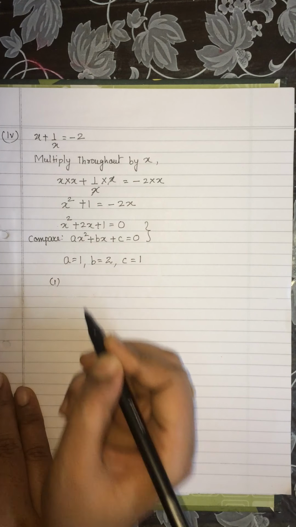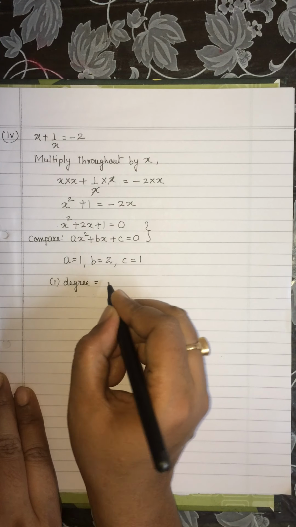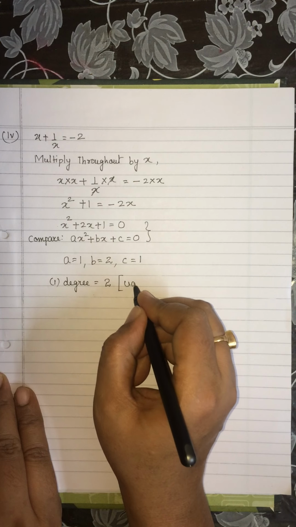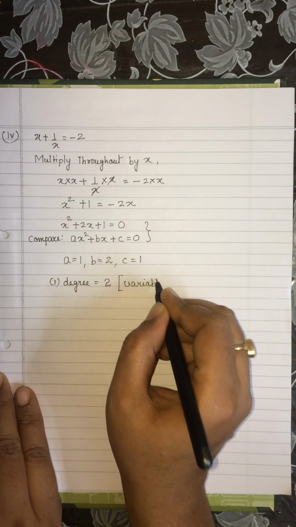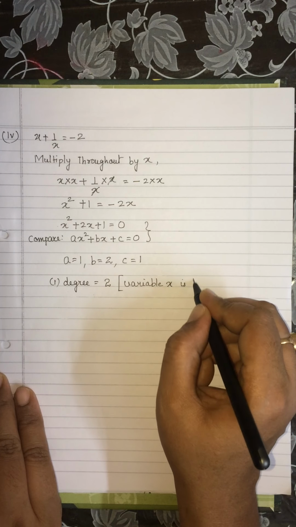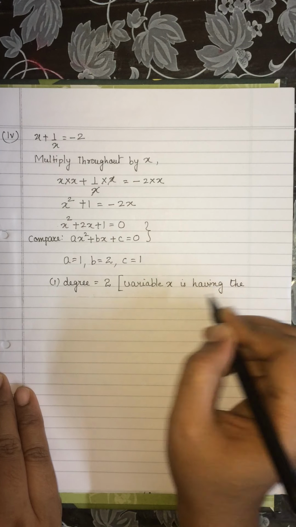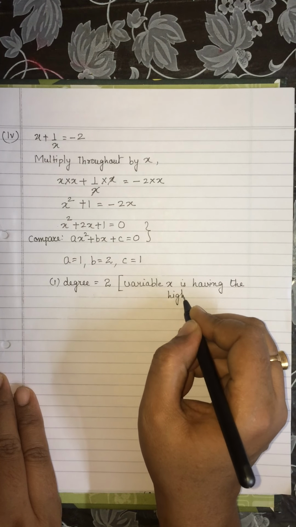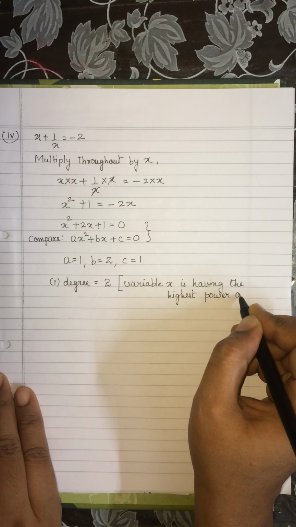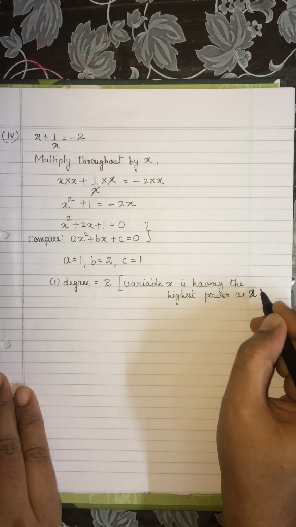Now let us see the conditions. The first condition, degree must be 2. So here the variable is not y, it is x. The variable x is having the highest power as 2.